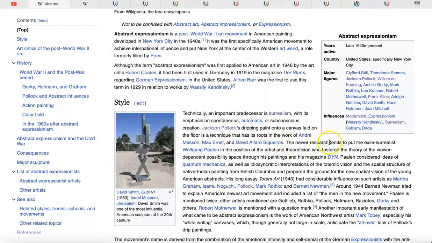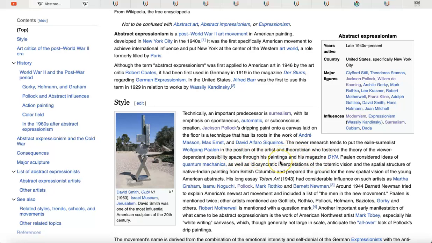The newer research tends to put the exile surrealist Wolfgang Paalen in the position of the artist and theoretician who fostered the theory of the viewer-dependent possibility space throughout his paintings and his magazine DYN.